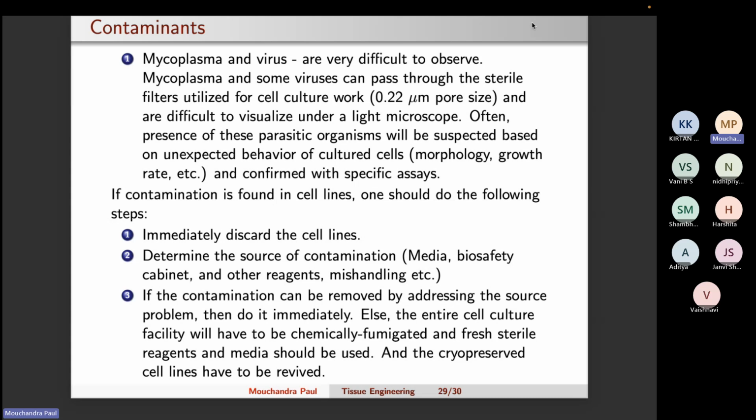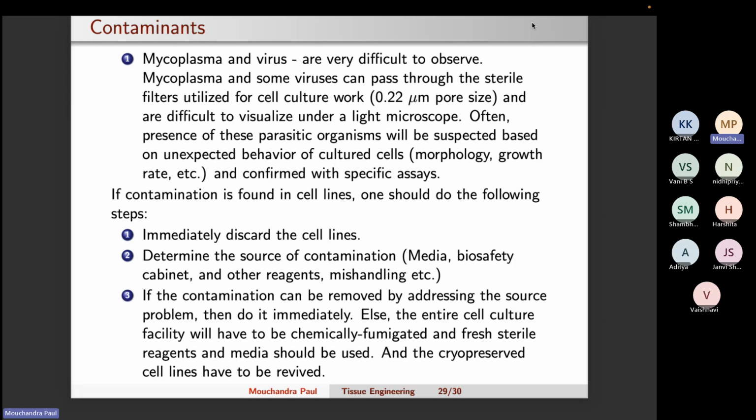If it is going to take some time, a safe side could be to do a chemical fumigation in your lab using chemicals like formaldehyde and potassium permanganate. Using these chemicals, you create an environment of toxic fumes.